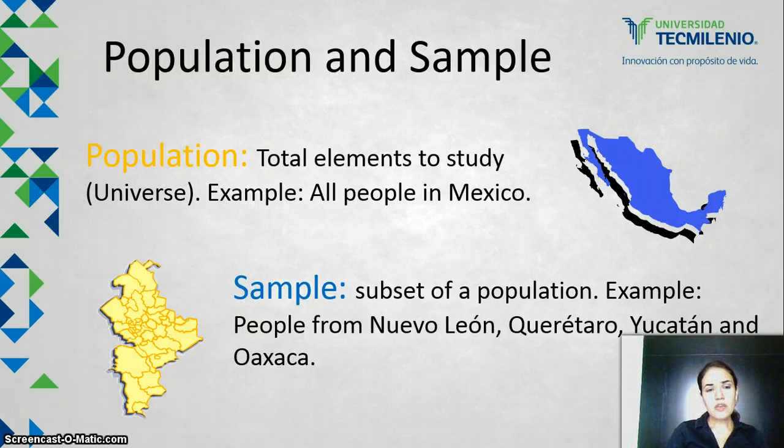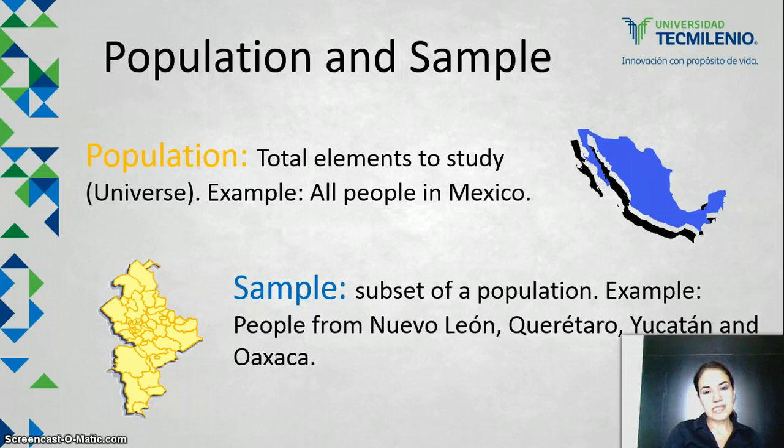But sometimes we cannot go ahead and just take information from every single element from that population because it could cost a lot of time, effort, and maybe some money. So what we do is use a sample or samples. A sample is a good representation of the population, and it includes elements that can have different values based on the population, so that we can infer that the population is going to behave as the sample does.